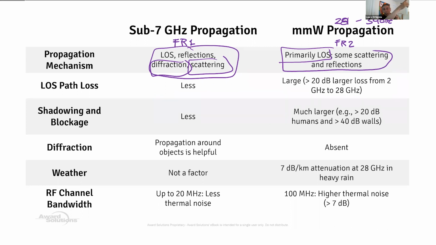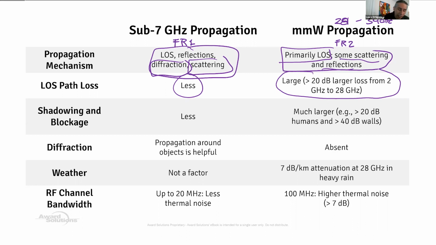If you have a window and the window is tinted, if you deploy it at 39 gigahertz, do not expect to see any coverage inside, okay? Even tinted windows, the film that you use for tinted windows will block your signal. Diffraction. We have diffraction in frequency range 1. There's no diffraction in frequency range 2. The weather doesn't affect me, but if you live in the Northeast or in the Midwest, when it rains a lot and it snows a lot, you should expect your coverage to get very, very small, right? 7 dB per kilometer.